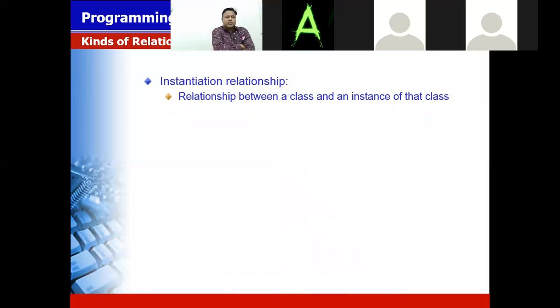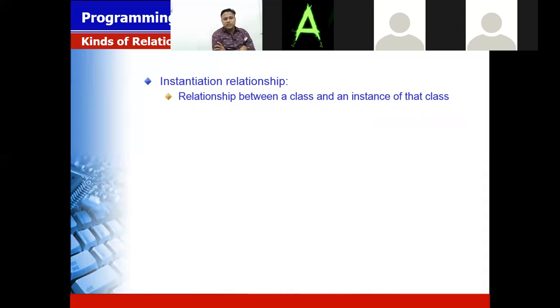Next, we come to the instantiation relationship. Instantiation relationship is the relationship between a class and an instance of that class. Like if it is a Java class, then you are called the instance of the class. Without you, I cannot say it is a Java class.